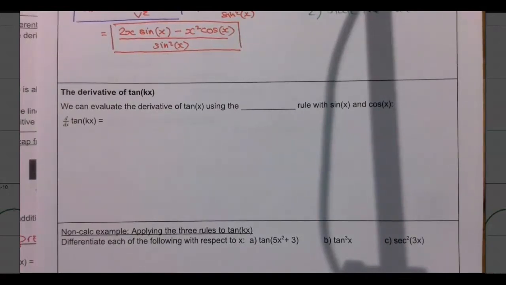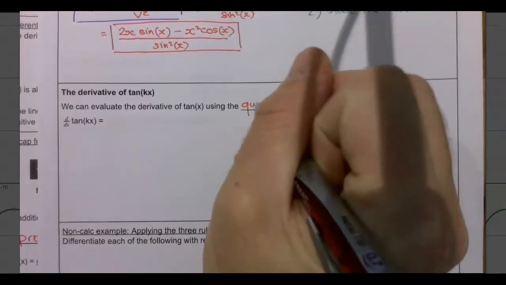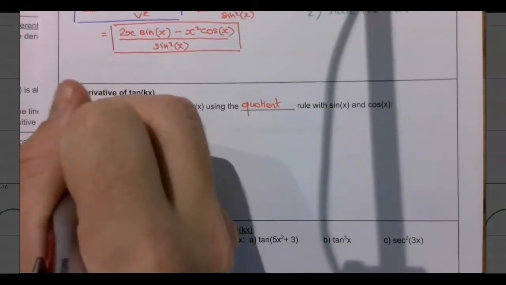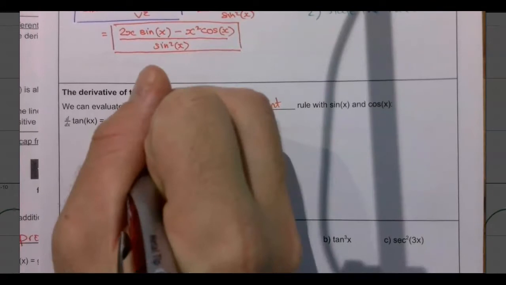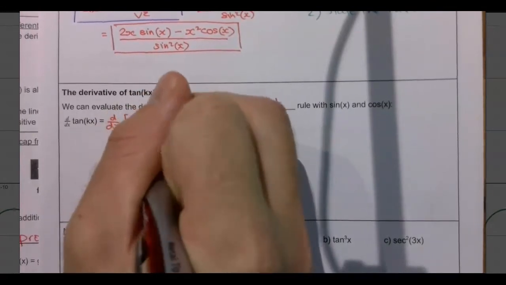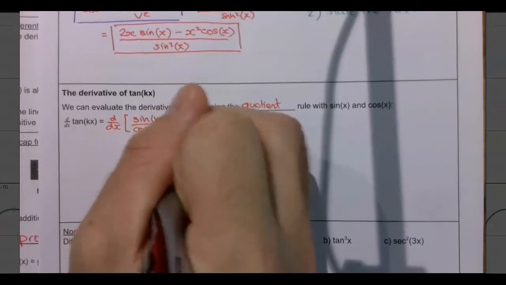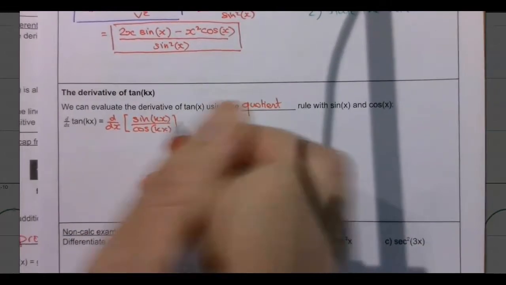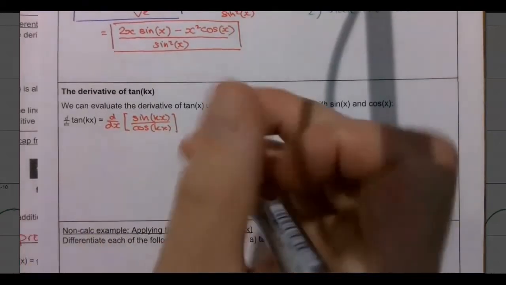Okay, I'm assuming you've had a go, and the rule that you would have tried to use is, of course, the quotient rule. Because we can use the fact that the derivative of tan kx is the same as the derivative of sine kx over cos kx. And that gives us an opportunity to use the quotient rule.